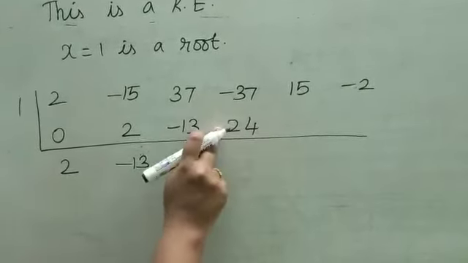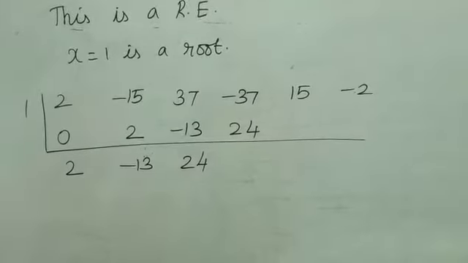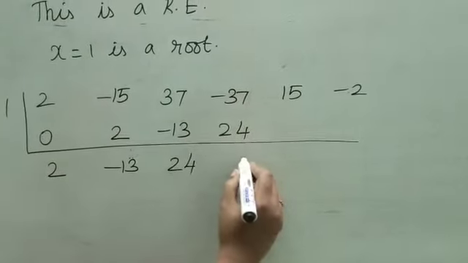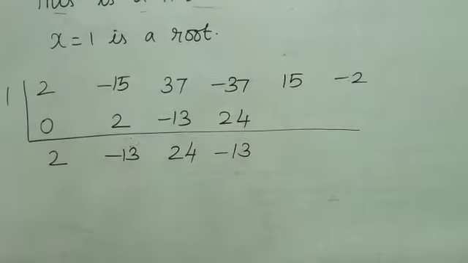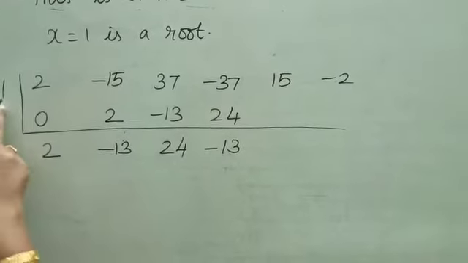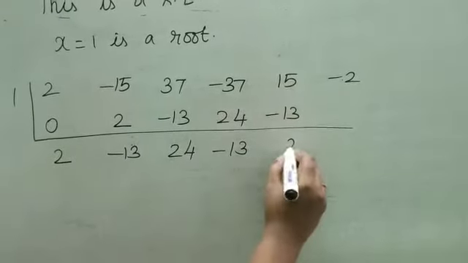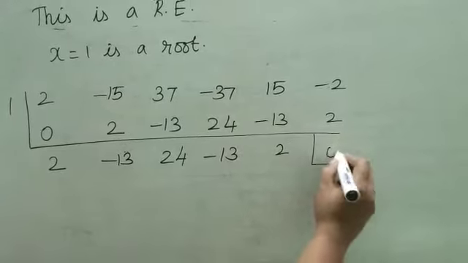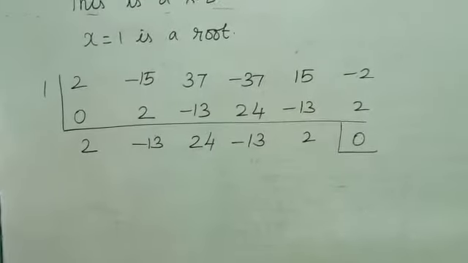Minus 37 plus 24, both are opposite signs. Therefore I am going to subtract and put the greatest number's sign. 7 minus 4 is 3, 3 minus 2 is 1. Greatest sign is minus. Therefore minus 13. Again 1 into minus 13 is minus 13. 15 minus 13 is 2. 1 into 2 is 2. Minus 2 plus 2 is 0. 0 is the remainder. Therefore, x equal to 1 is correct.